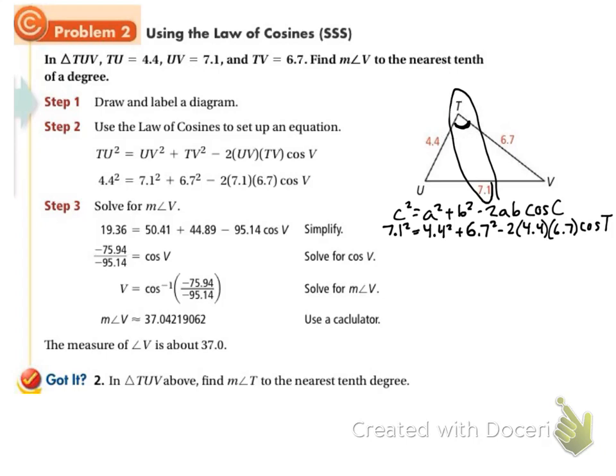So remember, first step, I'm going to go through and square things and multiply things. So 7.1 squared gives us 50.41. 4.4 squared gives us 19.36.